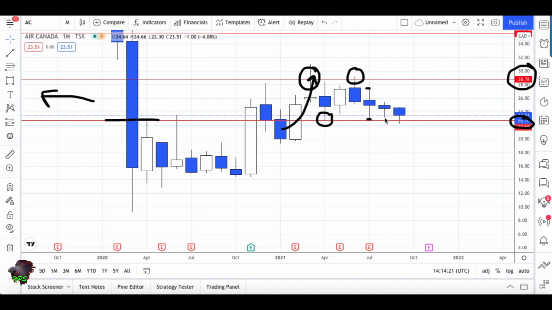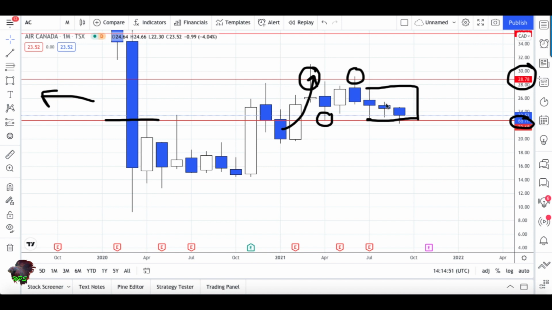Then what happens here, and I always explain these kinds of things, is we are starting to see this little boxing right there. This candle got stuck. This is an inside candle, another indecision candle happening in the market right now. It closed previous month, this is August. It closed within the previous candle.